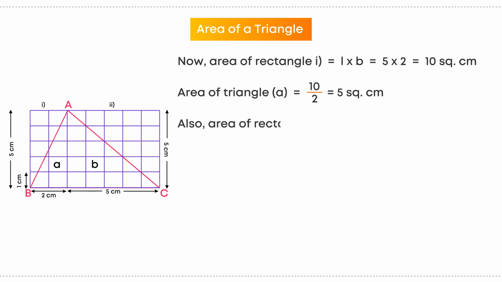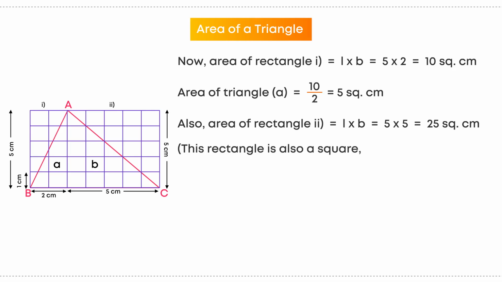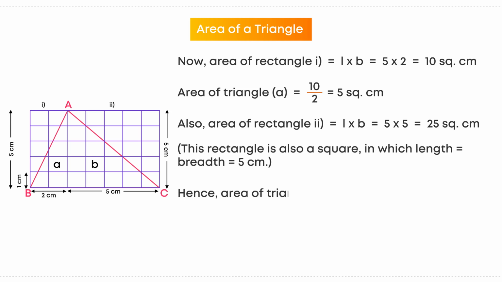Also, area of rectangle 2 is equal to length into breadth is equal to 5 into 5 is equal to 25 sq cm. This rectangle is also a square in which length is equal to breadth is equal to 5 centimeters. Hence, area of triangle B is equal to 25 by 2 is equal to 12.5 sq cm.